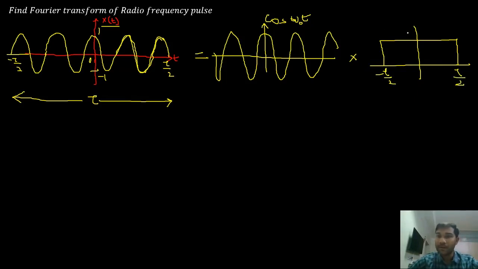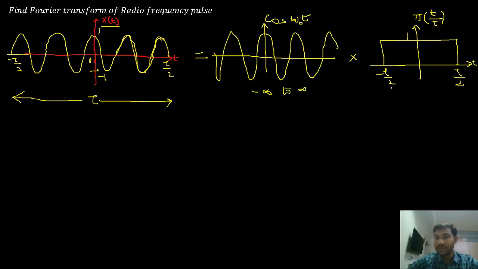Now this is my rectangular function with amplitude a. So this I will call pi of t by tau.